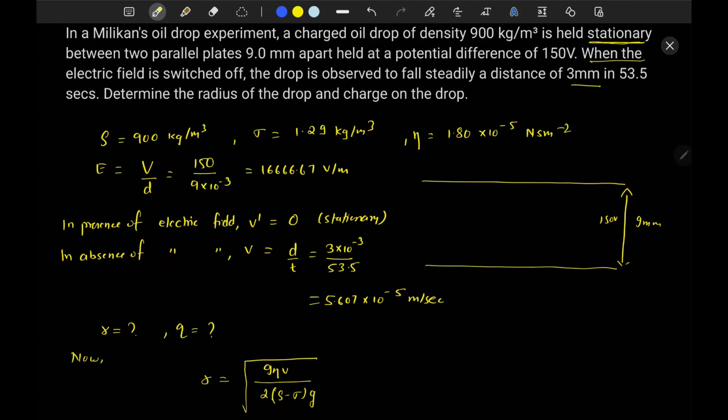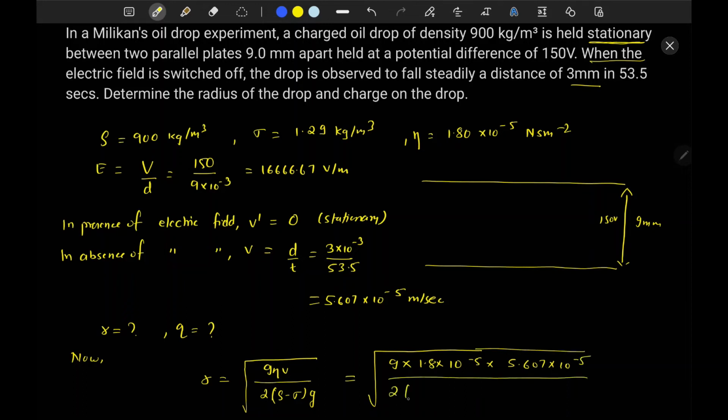Generally these values are provided in the question, so we will put these values and calculate the result, which is 7.18 into 10 power minus 7 meter.